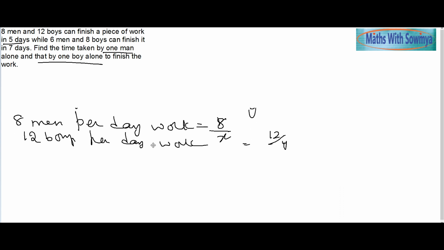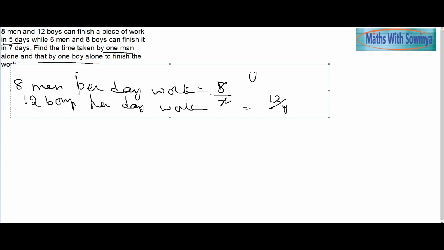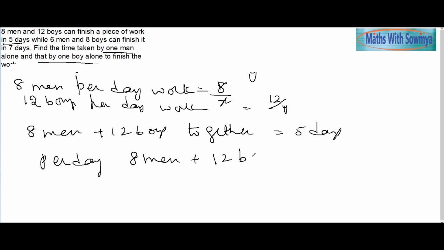8 men's per day work is 8 by x, and 12 boys' per day work is 12 by y. 8 men plus 12 boys together finish the work in 5 days. So what is their work per day? Per day, 8 men plus 12 boys can do 1 by 5.